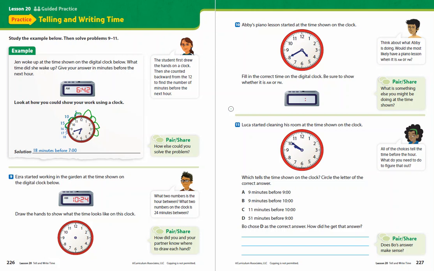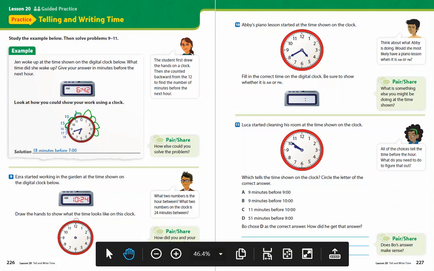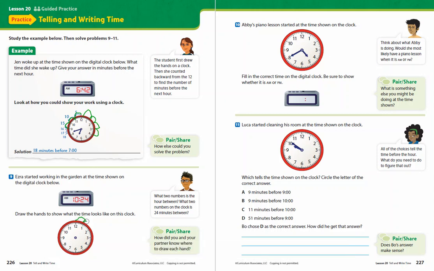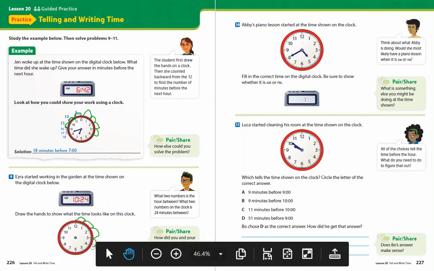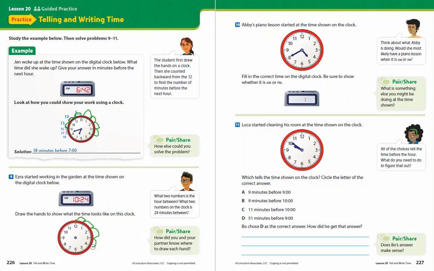So we are in 5-minute increments. If I think about it, I'm at the 12 and I go 5, 10, 15, 20. Well, I'm not quite at 24 yet, so I'm going to start counting by ones.